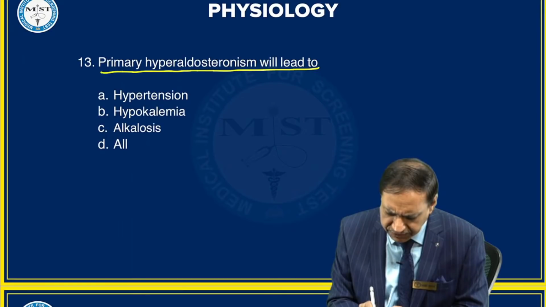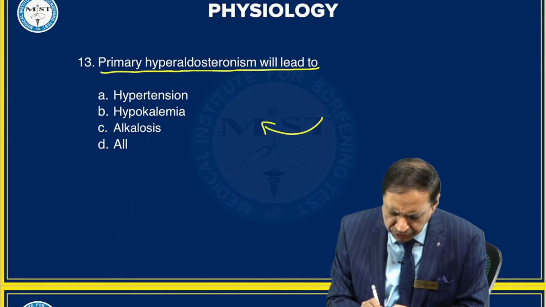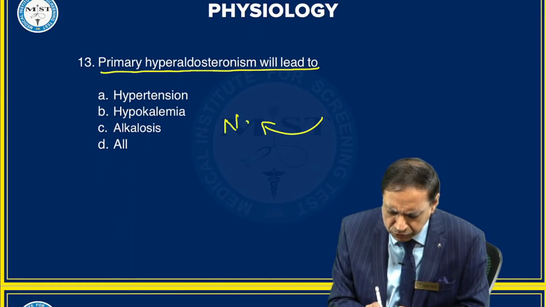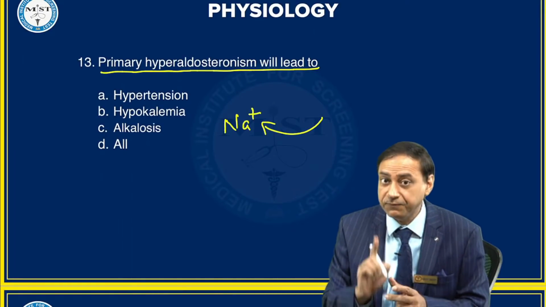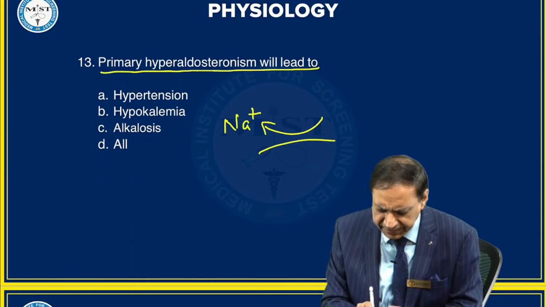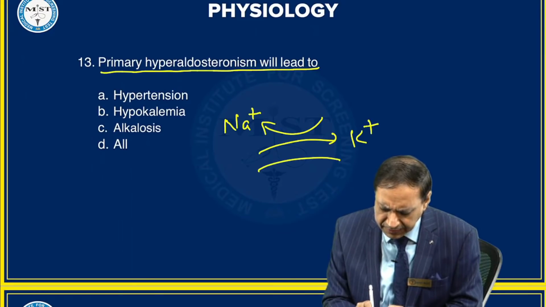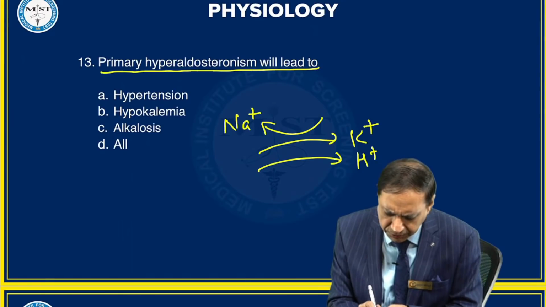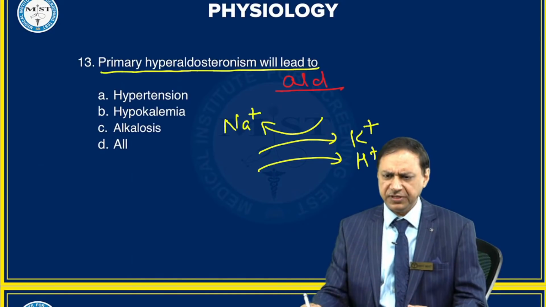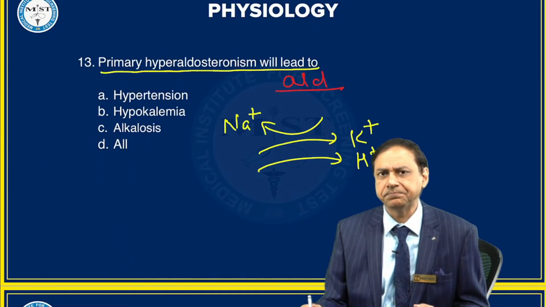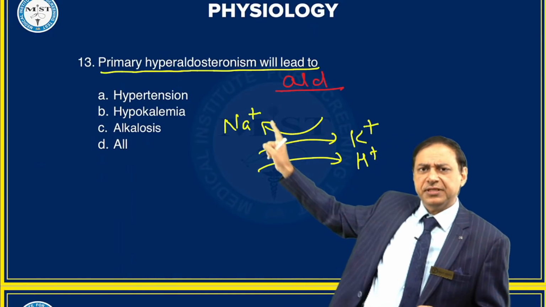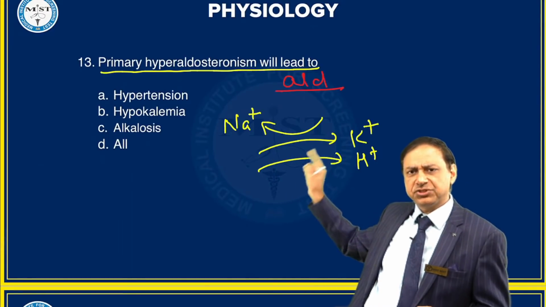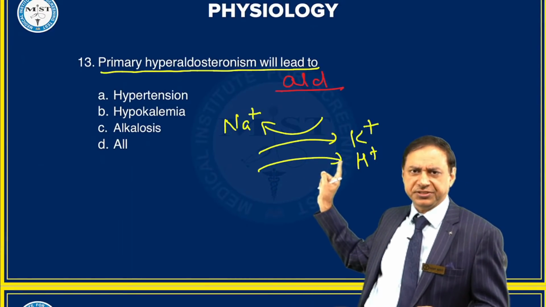The function of this hormone is to reabsorb sodium from kidney in exchange for potassium and H+. Sodium reabsorption, potassium excretion, H+ excretion.